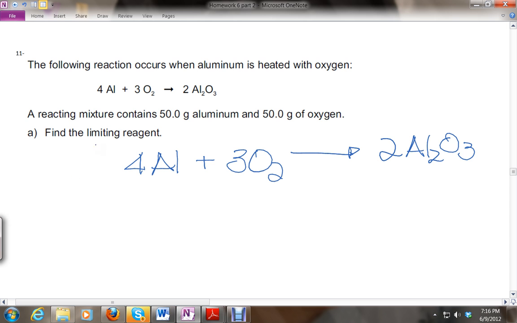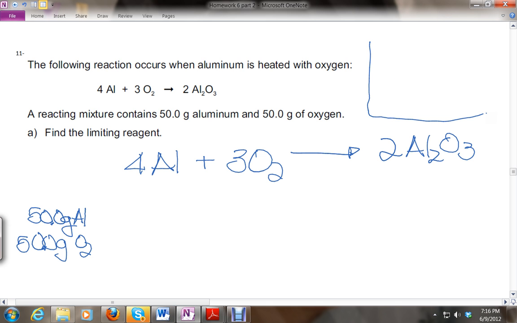4Al + 3O2 → 2Al2O3. A reactive mixture contains, again, we're going to have the same 50.0 grams of aluminum and 50.0 grams of oxygen. So why don't we calculate the molar mass over here in some place? I'm going to give it to you.